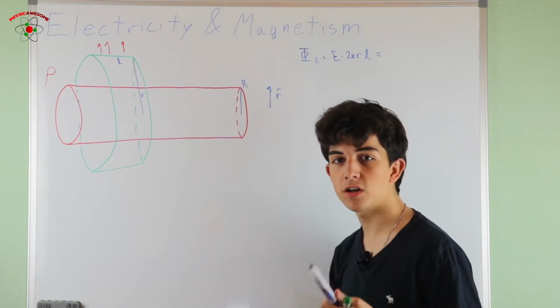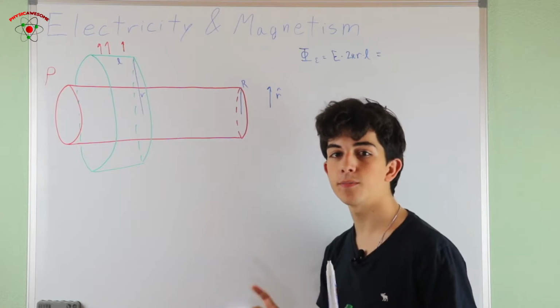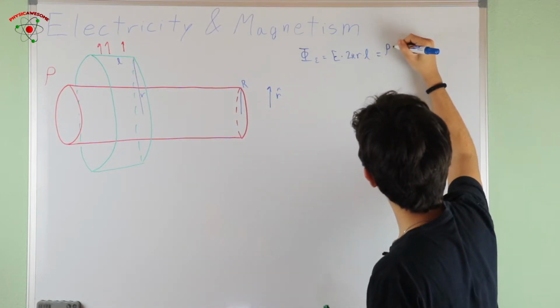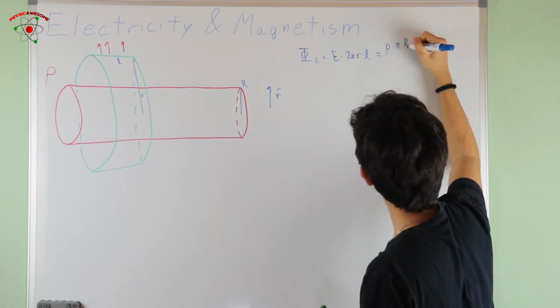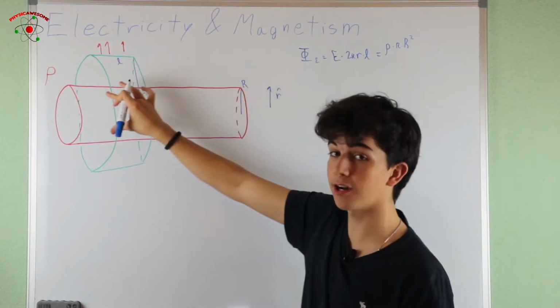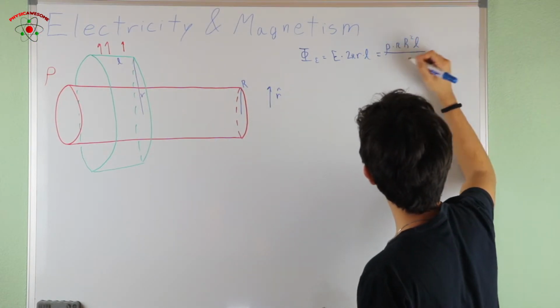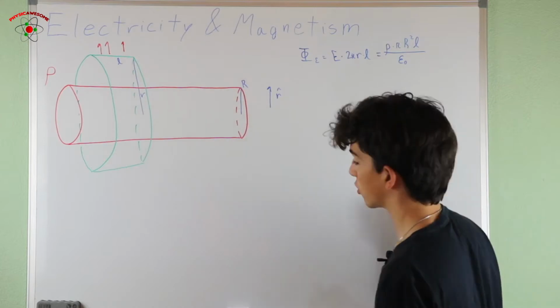Now finding the charge enclosed is going to be a little bit more difficult. We're going to have rho times pi R squared, this area, times length, and it's going to be divided by epsilon naught.